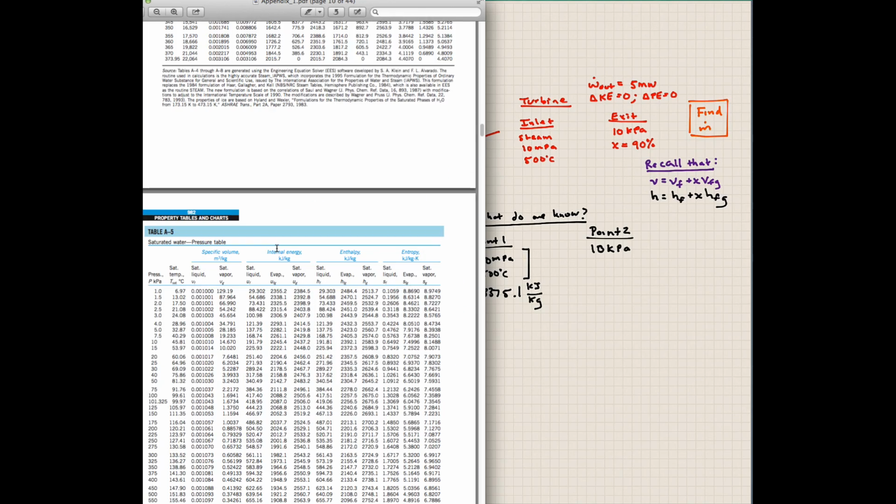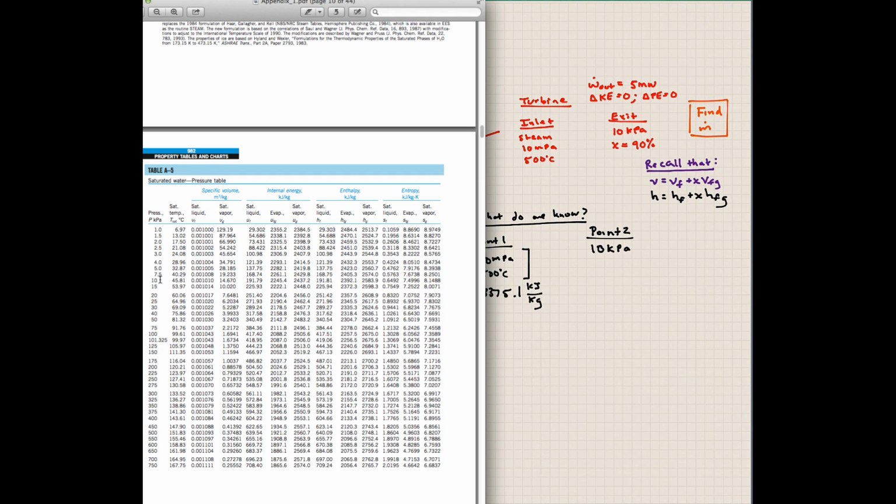So for 10 kilopascals, we know that it's exiting at 45 degrees Celsius here. And we'll go ahead and write down the values for the enthalpy. So we'll write down hf.